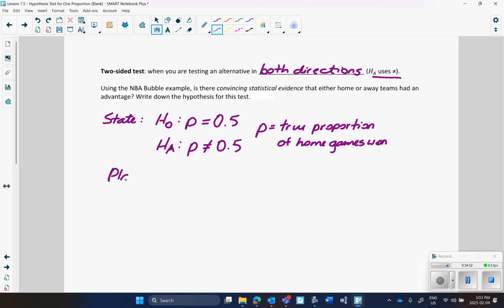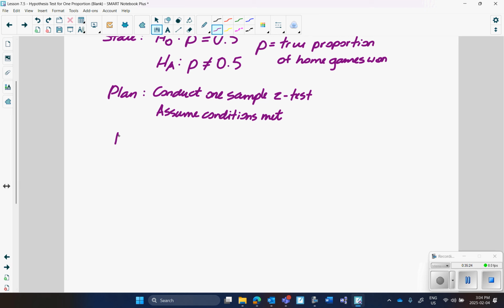Plan, conduct: one sample z-test, pardon me, t-test is something else. One sample z-test. Let's assume the conditions are met because we met them last time. This time we're going to do that one prop Z test again.